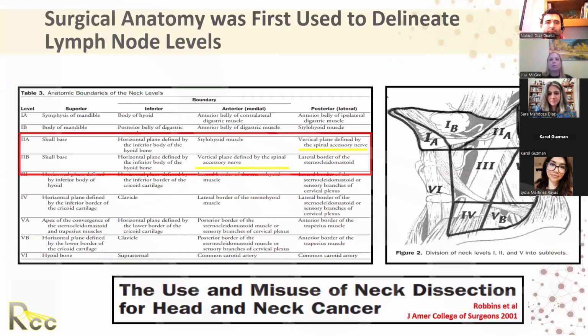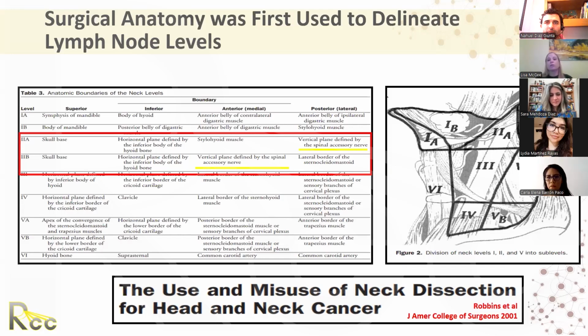In the most modern imaging lymph node level atlas, level 2 is not well defined as split into 2A and 2B. But I do think that there is some important historical significance here. And in some cases, it's probably useful to understand the differences between levels 2A and 2B.